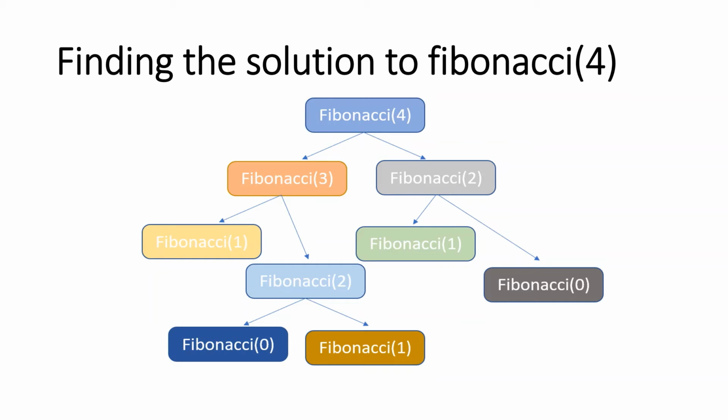We can clearly observe that Fibonacci 2 is being calculated twice and Fibonacci 1 is being calculated 3 times. Thus, this problem has the overlapping subproblem property. Since the nth Fibonacci number problem has both the required attributes for dynamic programming, optimal substructure and overlapping subproblems, it can be optimized by using the dynamic programming method.